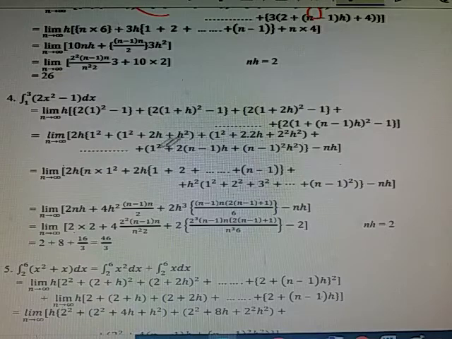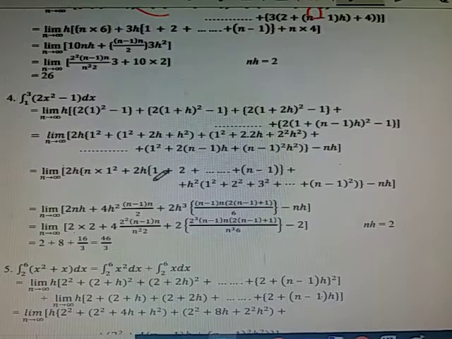Then it is 1 square plus 2h plus h square plus. So we are making some pattern here. So you add these things. The coefficient of the constant term you first separate, then you find the coefficient of h.